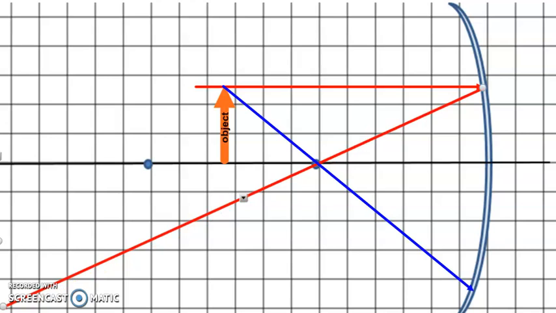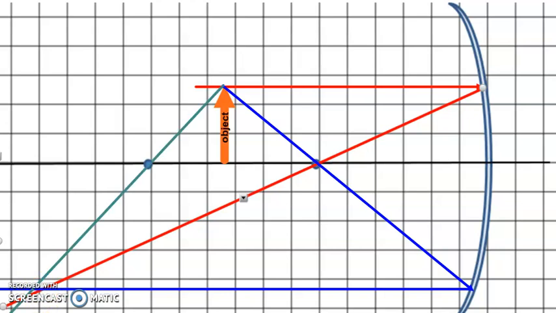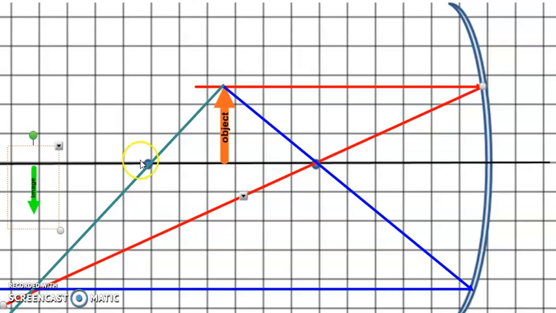Okay, so now it's going to go back parallel to the normal. And I see an image might be forming here. Let's verify that with our last ray, from the tip of the object straight through C or R, and then it keeps on going. You'll notice that the rays are all converging here again, and so we're going to have an image back here.